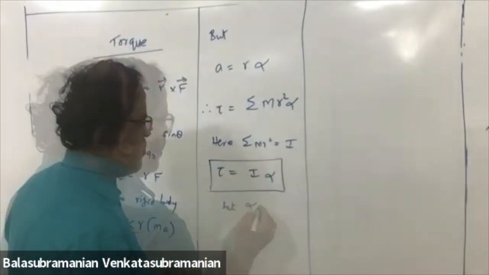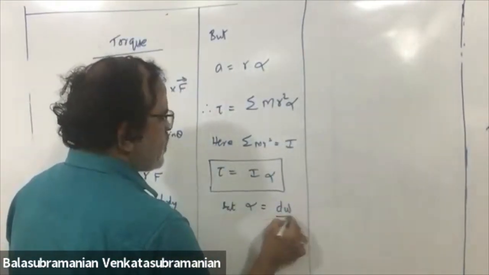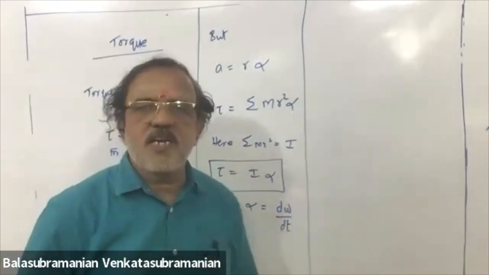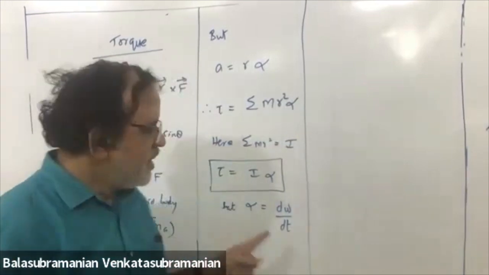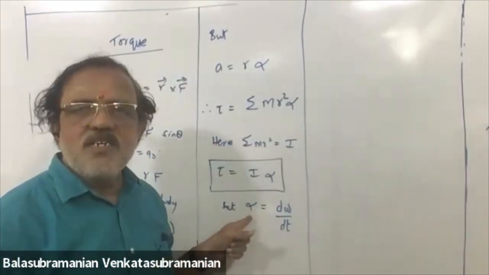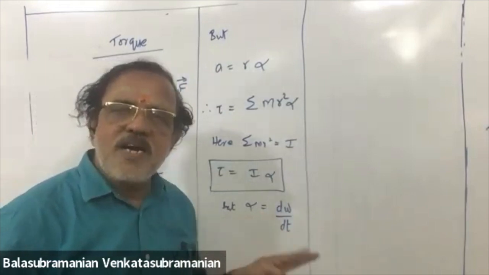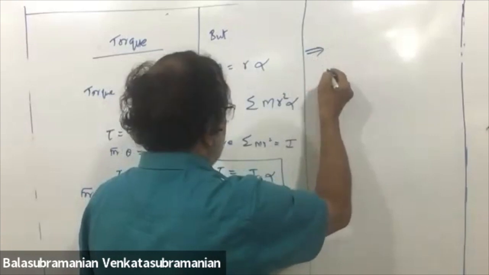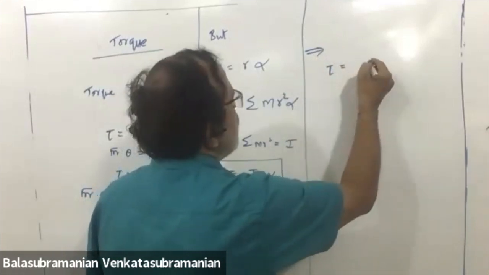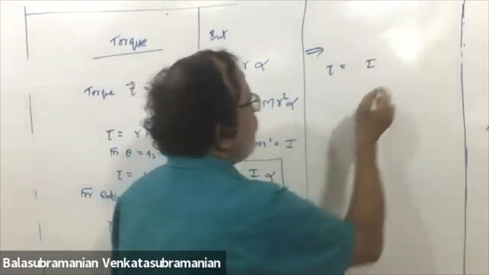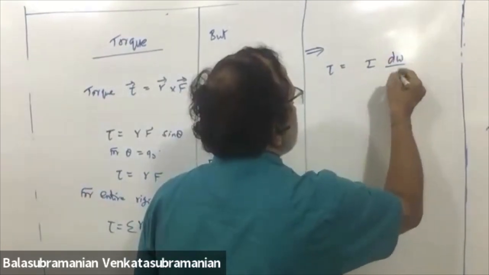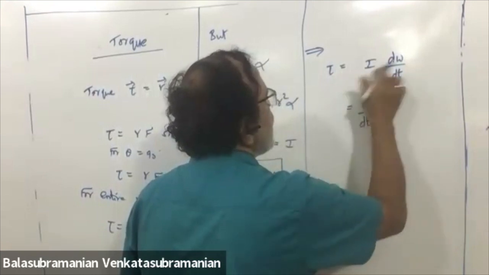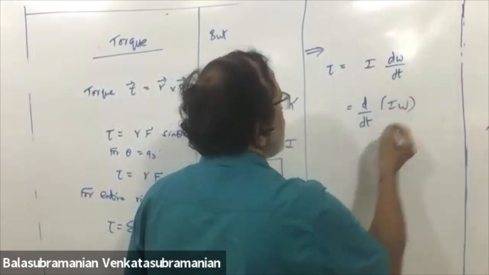Rate of change of momentum is called force. Here, rate of change of angular momentum you call it as torque. So, what is alpha? Rate of change of angular velocity. Acceleration means rate of change of velocity. It is angular acceleration, so rate of change of angular velocity. Therefore, tau is equal to I alpha, where alpha is d omega by dt. d by dt of, take I also inside, I omega.